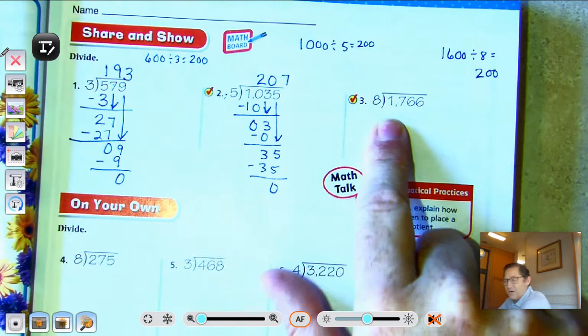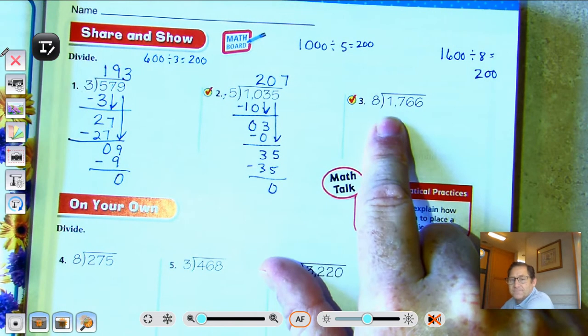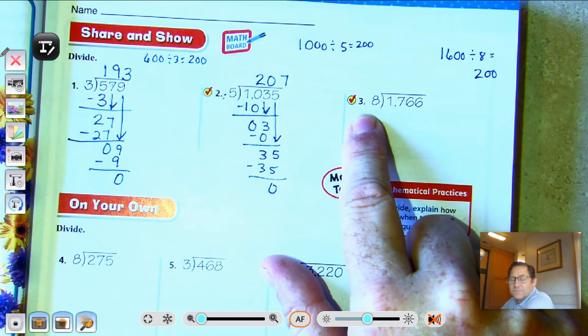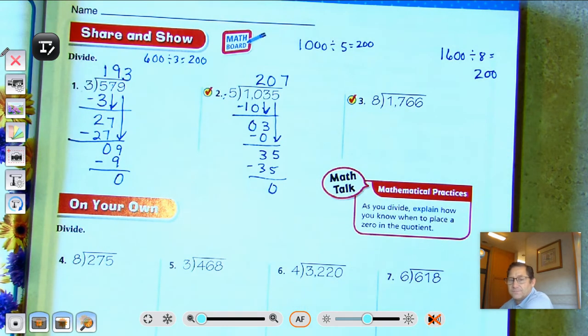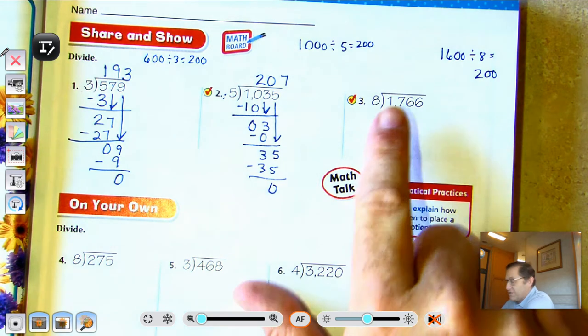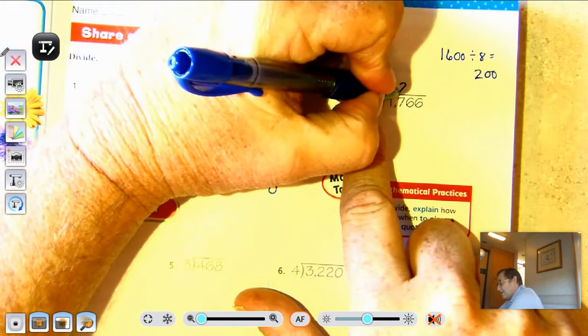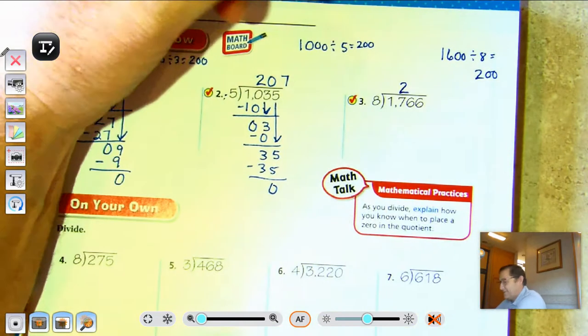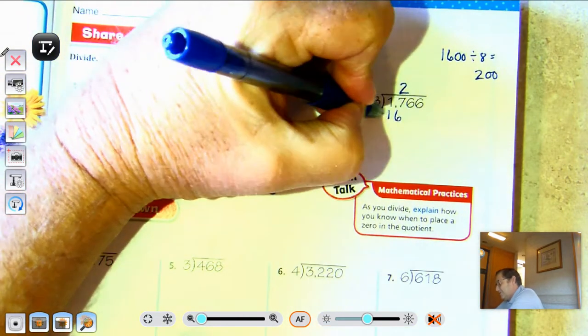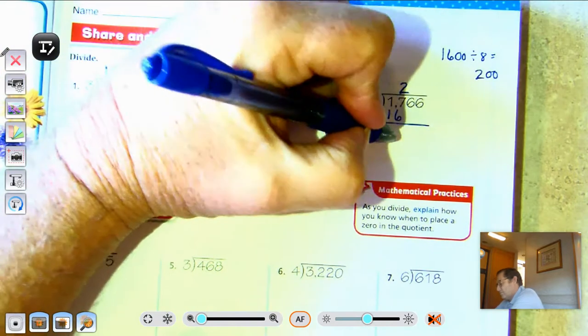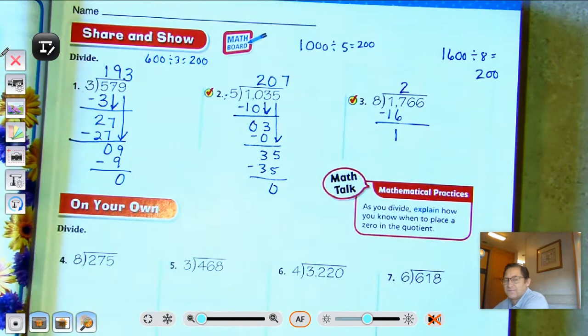All right, I can't share 1,000 with 8 groups. But I can share 1,700s with 8 groups. So 8 times 200s is 1,600s. Subtract, we get 100 left.